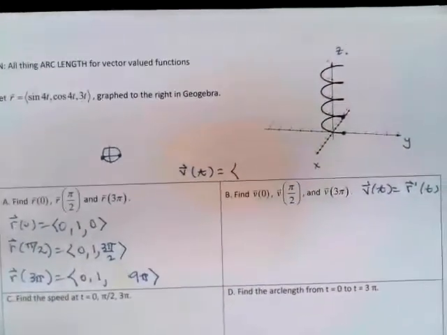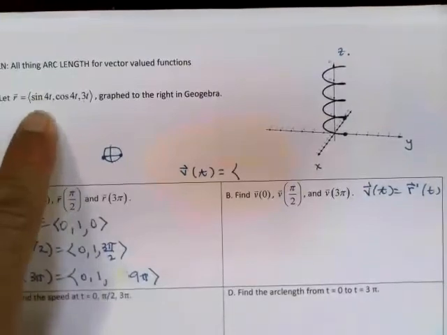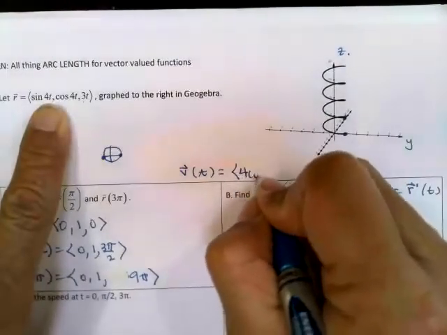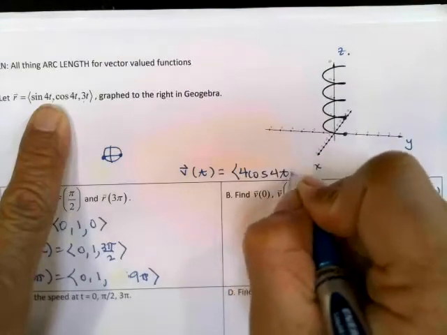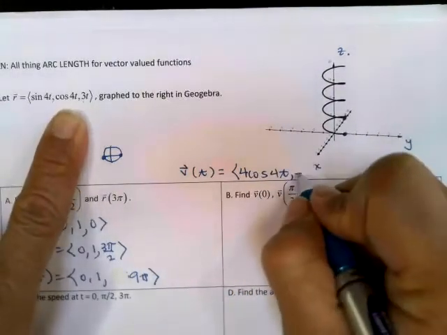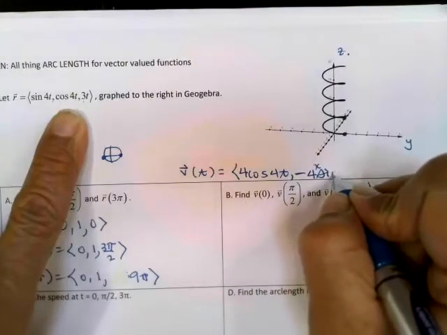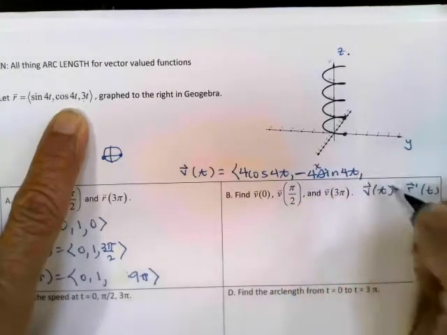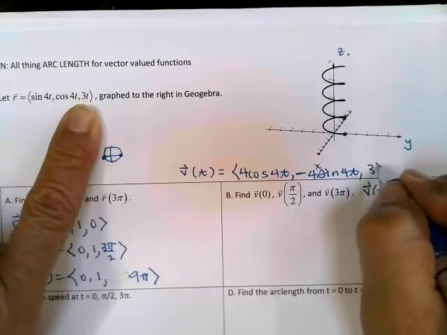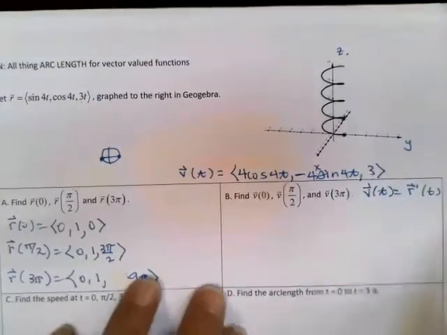Gosh, let's get this so everybody can see. So the derivative of sine is cosine times the derivative of what's inside. So we'll get 4 cosine 4t. And then cosine goes to negative sine. So negative 4 sine 4t. And then the derivative of 3t is just a 3. Okay, well, that's interesting.